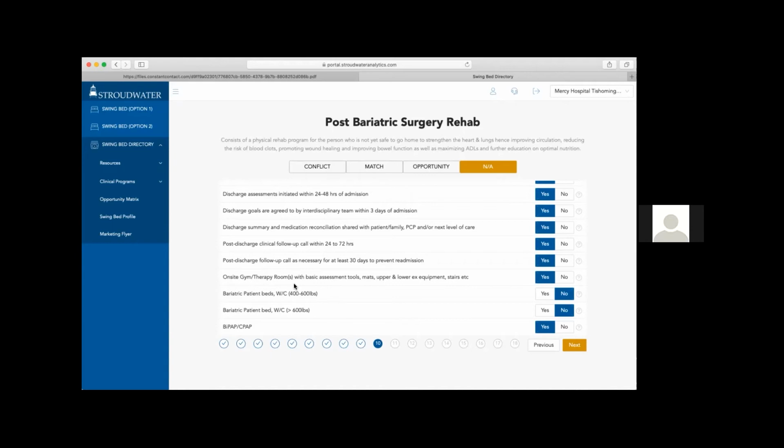Now another question for the hospital. Have you accepted bariatric patients into your swing bed? Not the one specifically for bariatric surgery, but it just depends on the exact size and the capabilities of the patient and what they can do for themselves. Okay. Have you ever needed to get beds from somewhere else, like a lease of some sort?